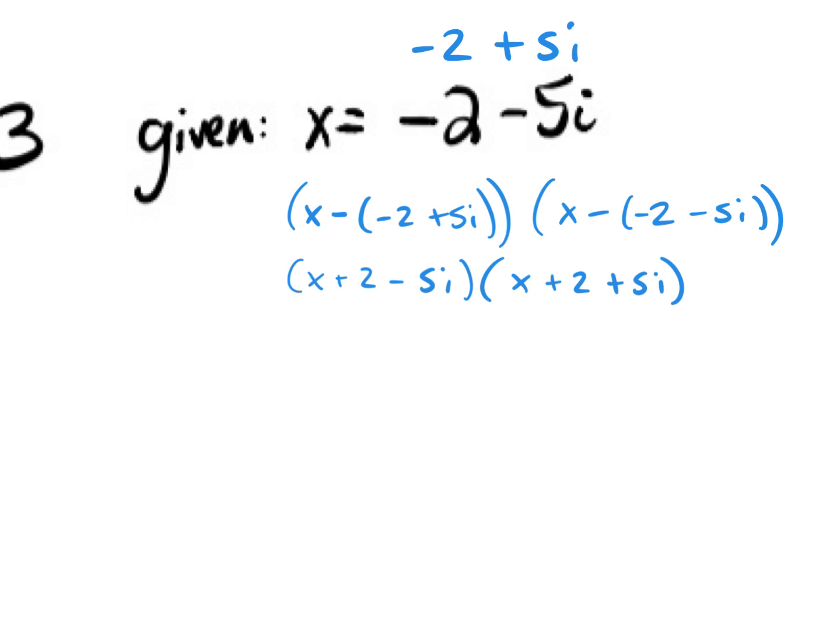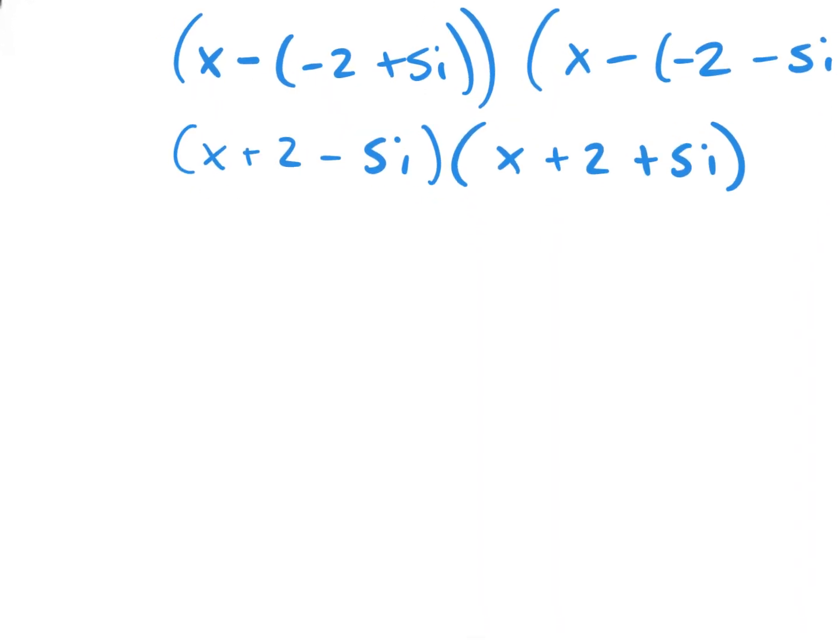So these are conjugates. We can do our shortcut. Conjugates are separated by the minus and the plus. So we have a squared minus b squared. Our a would be x plus 2 squared minus our b is 5i squared.